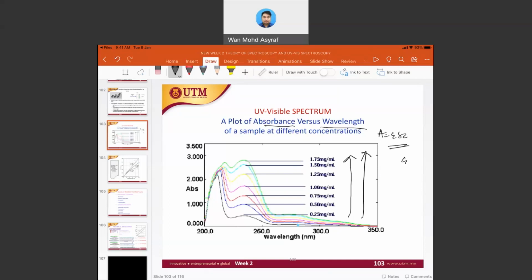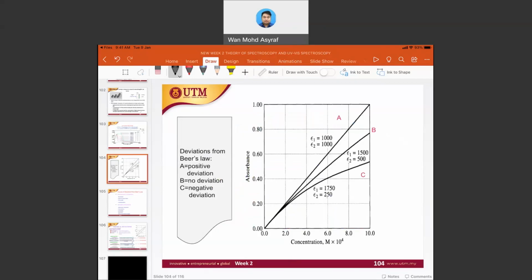All right, following on that, we are going to look at deviations, or errors, that can occur in UV visible spectroscopy. The ideal output from UV visible spectroscopy is B, meaning that it's following Beer's law with no deviations.